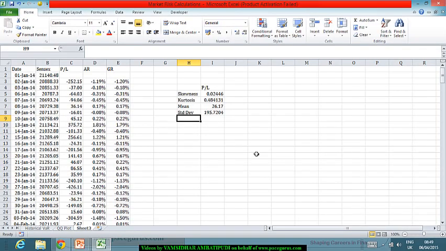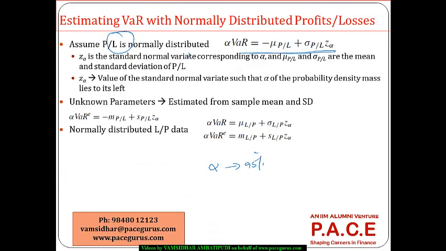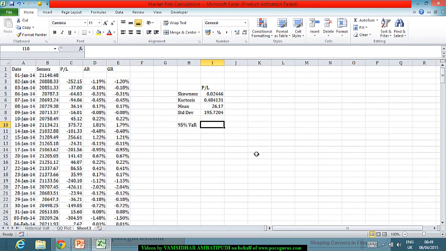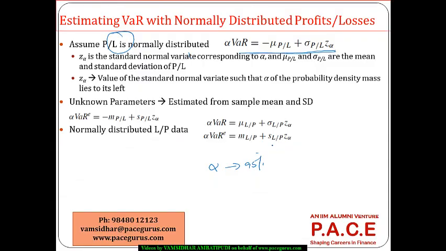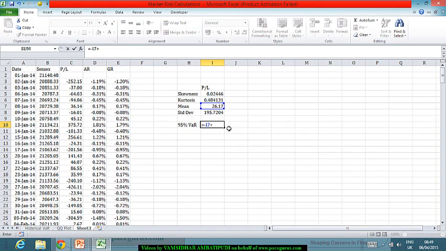So let's say I want to find the 95% value at risk for this particular data. All it takes is minus mean plus Z alpha times sigma P&L, where sigma P&L I know is 195.